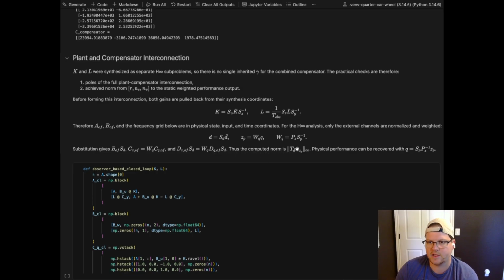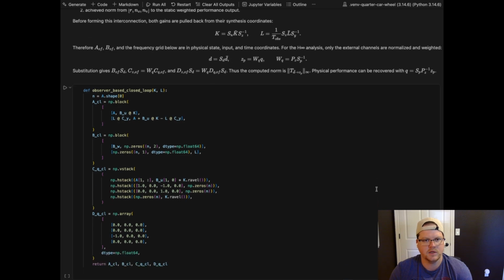That's what I'm evaluating here, that transfer function. The physical performance can be recovered with this relationship with ZP, the inverse pullback on the performance scaling that we proposed above, and then SP pushes that forward onto Q, or the Q space, I should say.